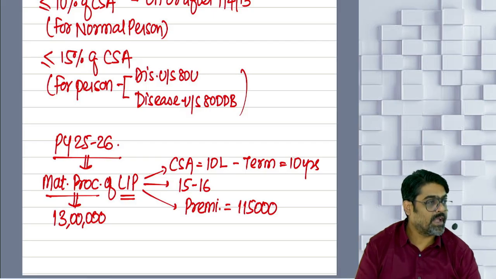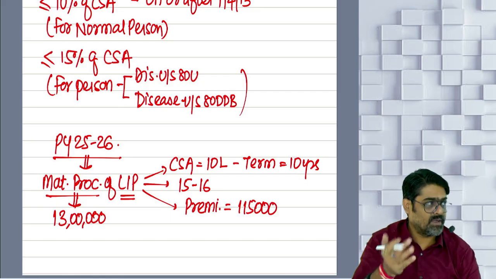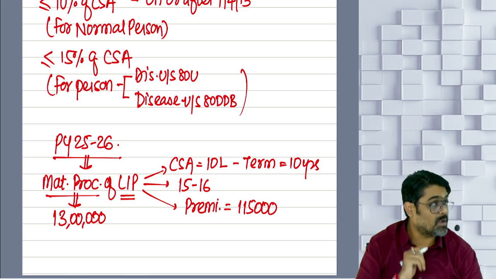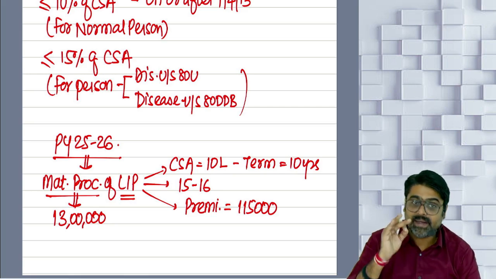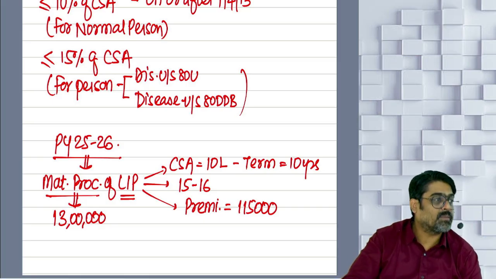If this policy was taken for a person suffering from disability specified under section 80U, or a disease specified under section 80DDB, then 15%. But if it is not given, the policy was taken for a normal person, then the premium should be 10%. Yes or no? 10% of what? Capital sum assured. 15% of what? Capital sum assured.